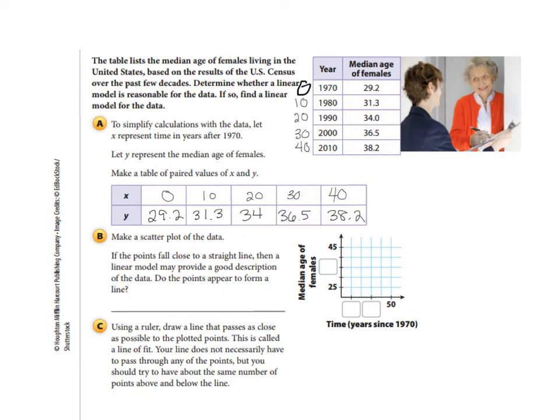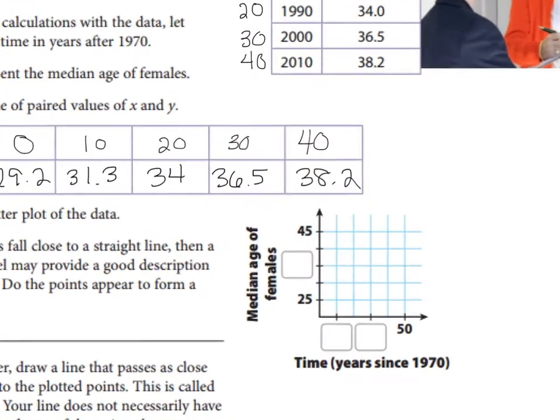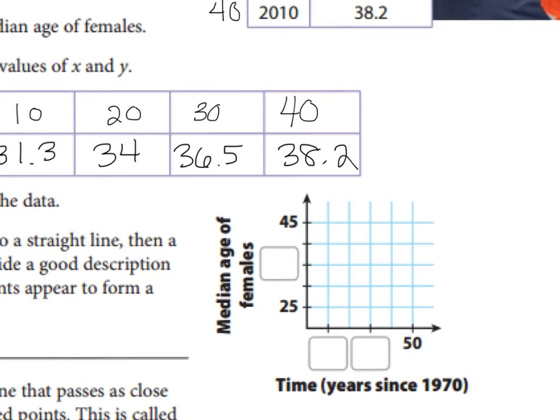Your scatter plot should be filled in now, so let's go ahead and get mine filled in. So we're missing 35 in this box, 10, and then 30 in here.